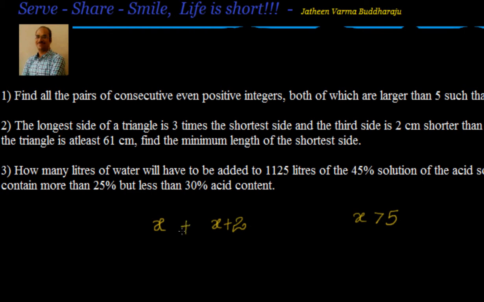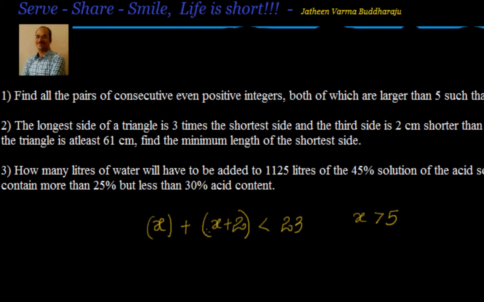So can I go ahead and add them together and say this should be less than 23? Now you can see here I have conditions. I have x greater than 5, that is one inequality, and I have another inequality here that will give you the solution set.